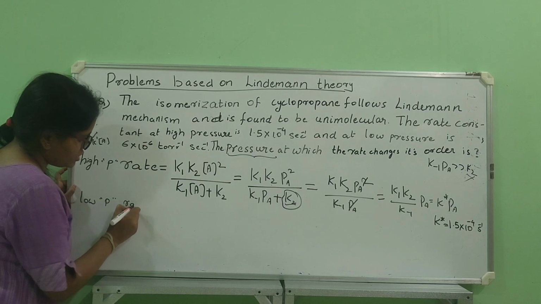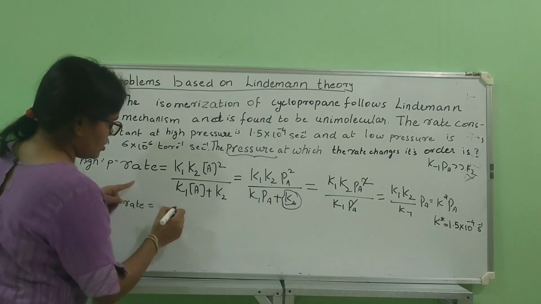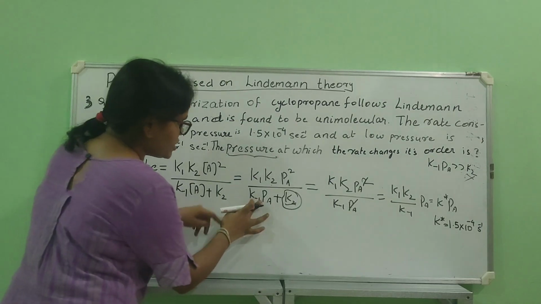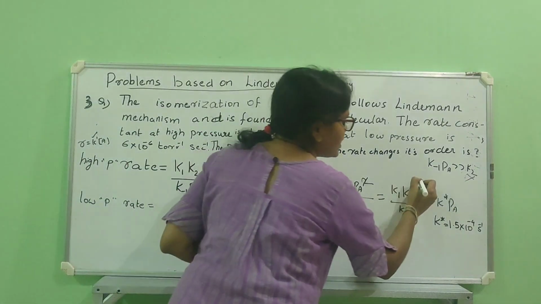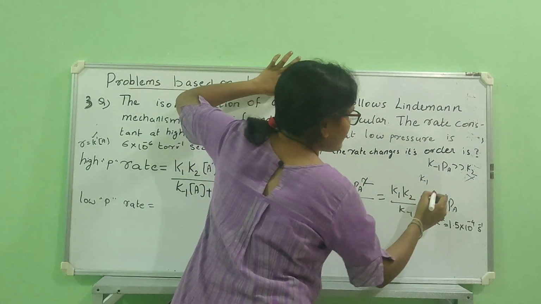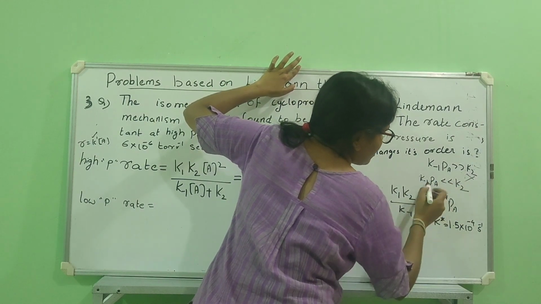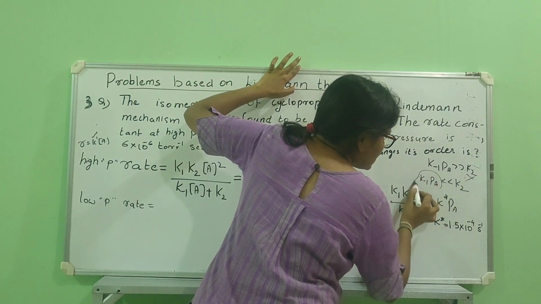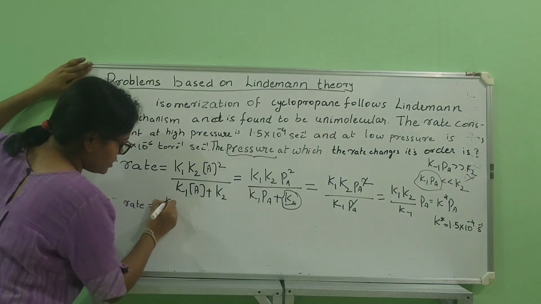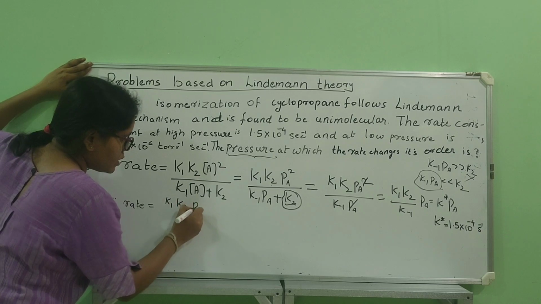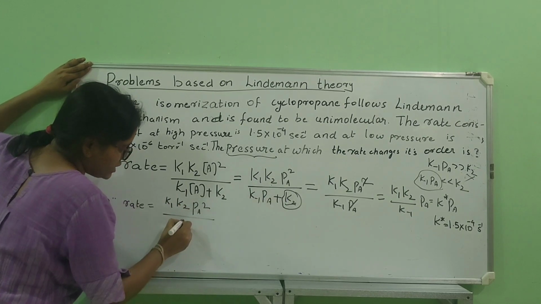So at low pressure, K minus 1 into PA will be far less than K2. So the condition will be reversed. So this term can be neglected now. So when you neglect this term, you get K1, K2, PA square over K2.